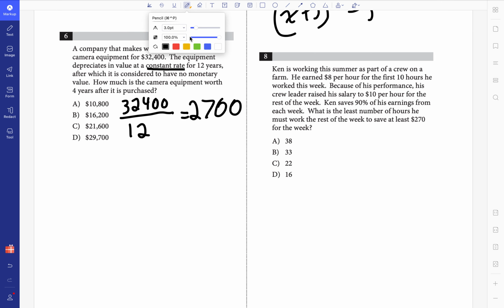Okay, so how much money did it lose in 4 years? This is just going to be 4 times 2,700.